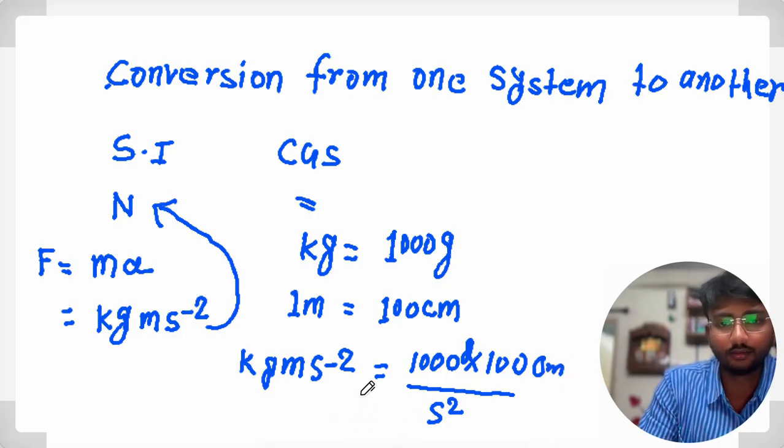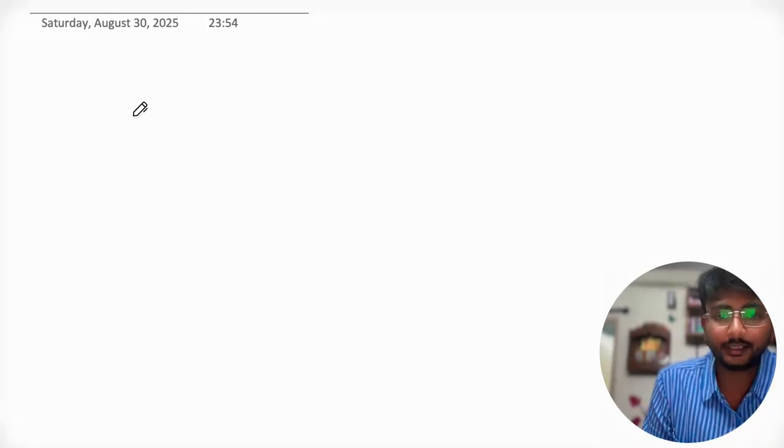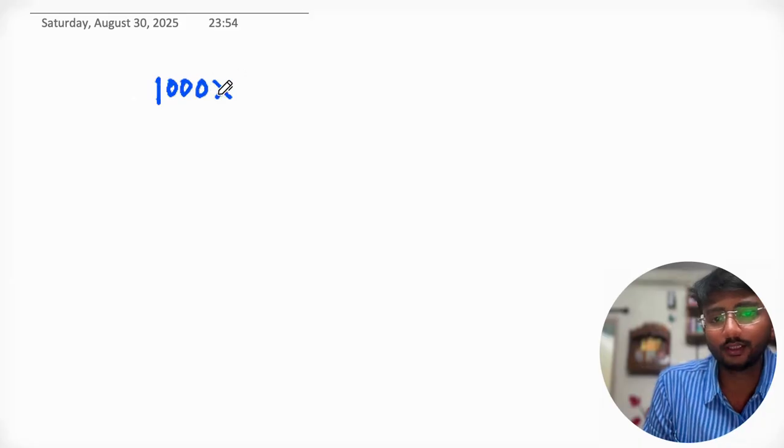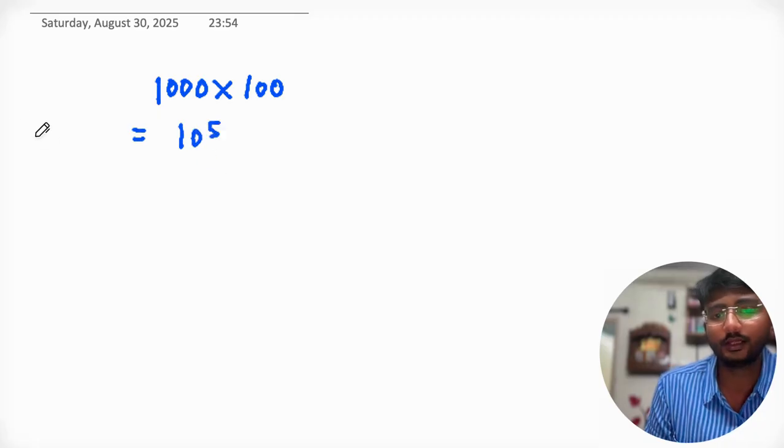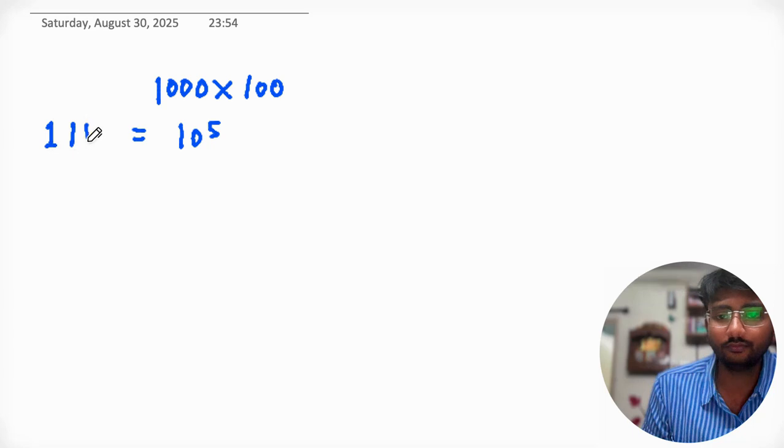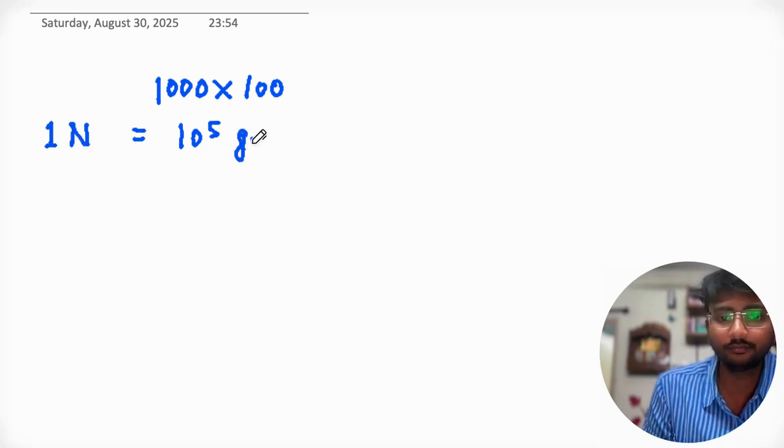So from here we can write 1000 into 100, so this will be 10 to the power 5. That's why we say 1 Newton equals 10 to the power 5 gram centimeter per second square.